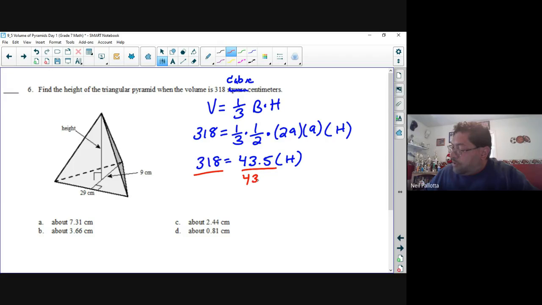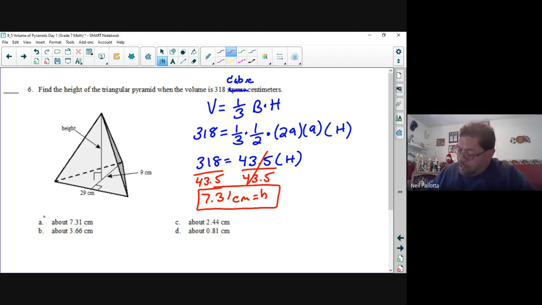So to solve that equation for H, we're going to do the opposite. We're going to divide both sides of that equation by the 43.5, and we wind up with 7.31 centimeters, and that's going to be my height. And that's answer A for problem 6.